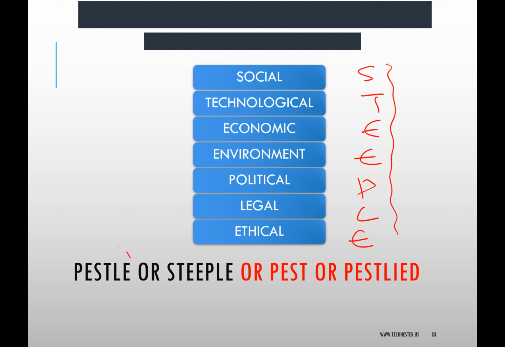The main name for this technique is called PESTLE, but there are different variations. So people added E, ethical issues. So if there are ethical issues that may be causing a problem, you can call it STIPLE then. Some people just focus on PEST, political, maybe economical, legal, and technological issues.